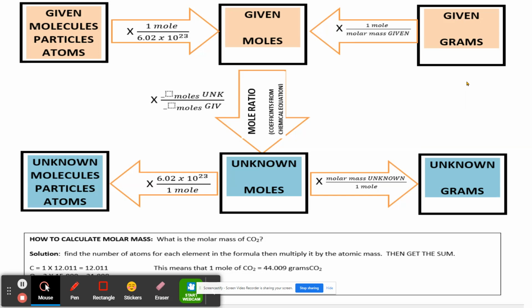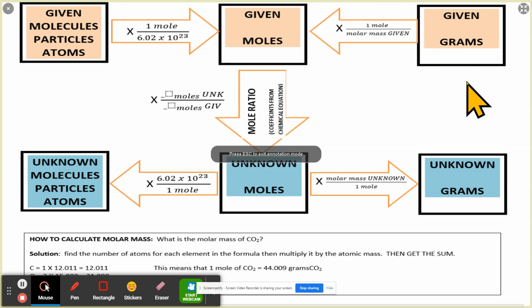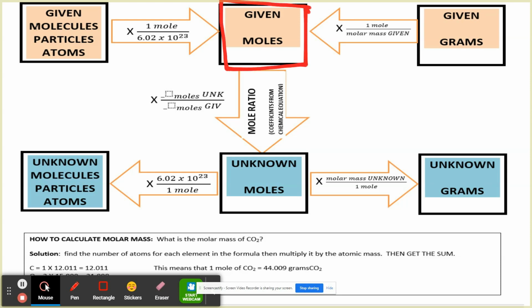We're still using this flowchart for doing stoichiometric problems, right? So last time, we were given moles, so we started right here in this box, and we ended up with moles, which was this box right here. So we only had one step.